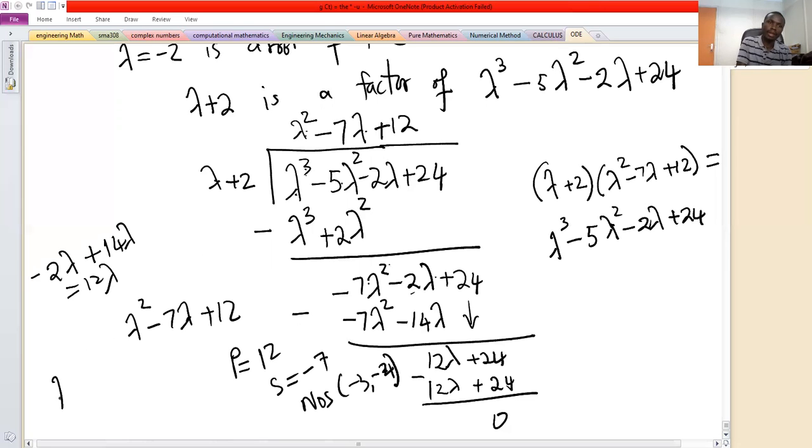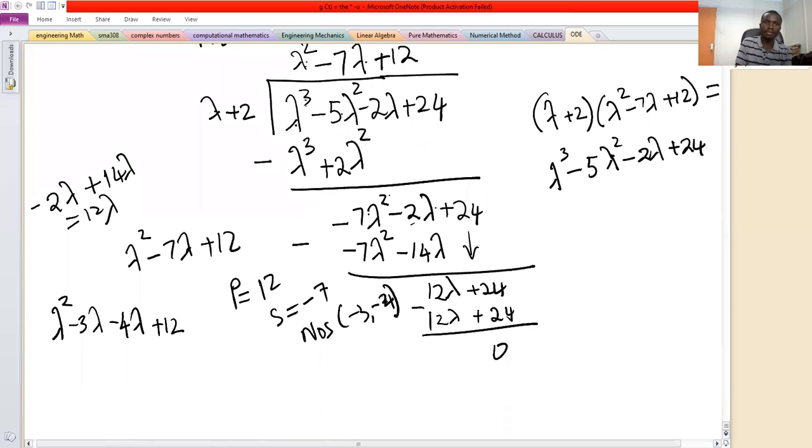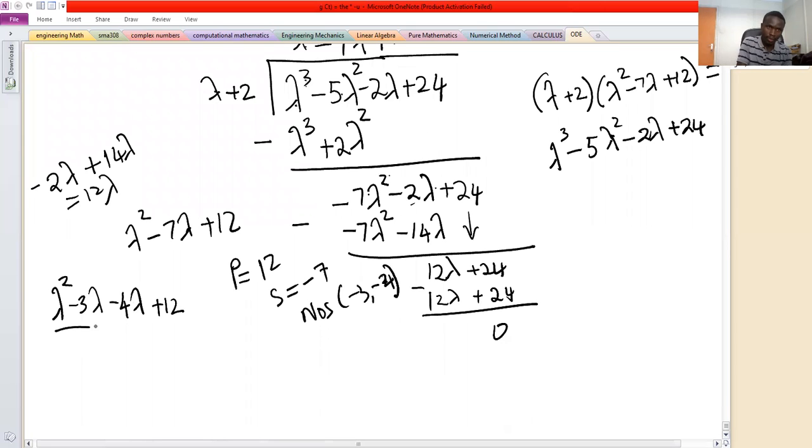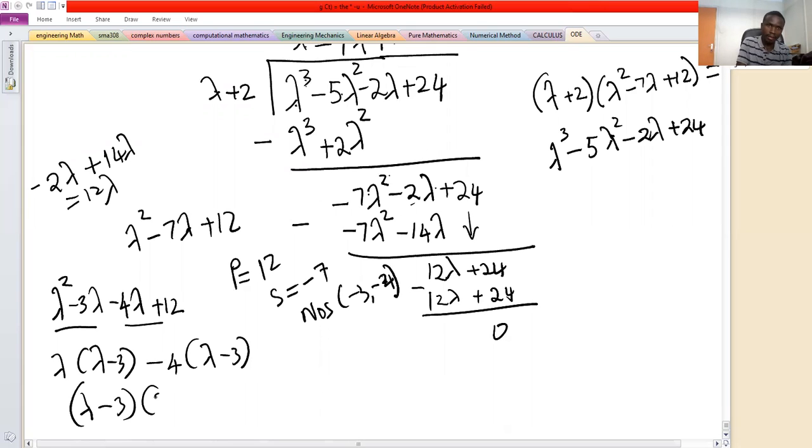So that you'll have lambda squared minus 3 lambda minus 4 lambda plus 12 as the expression lambda squared minus 7 lambda plus 12. So you do the pairing, lambda into lambda minus 3, minus 4 into lambda minus 3. So lambda minus 3, lambda minus 4. Which means this part can be written as a product of these linear terms.